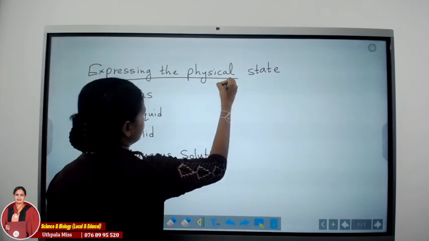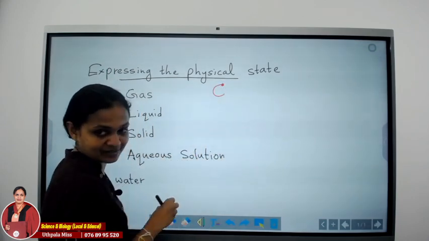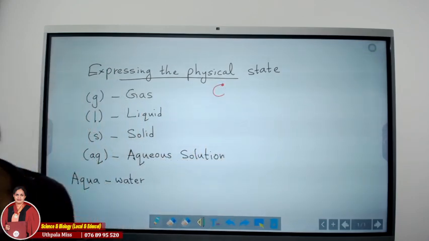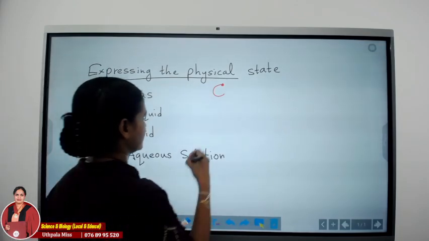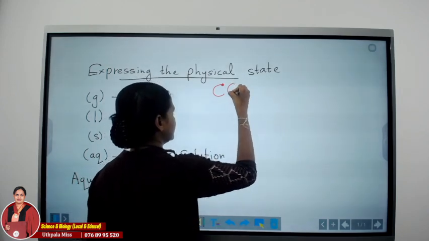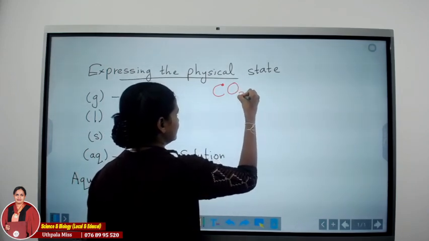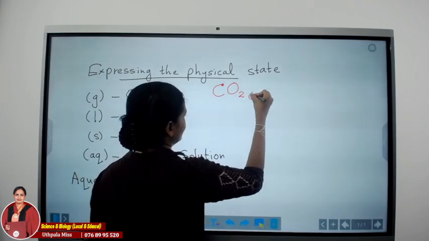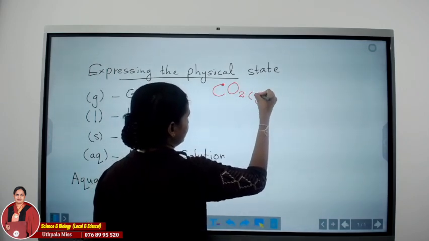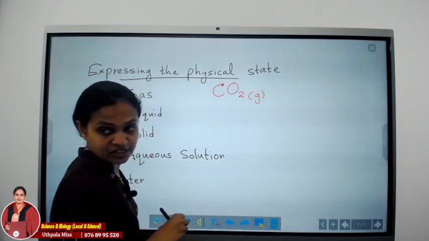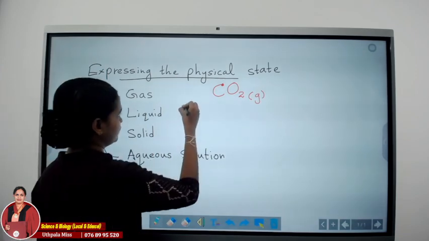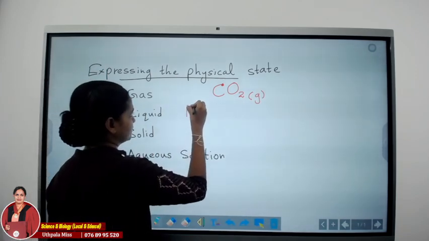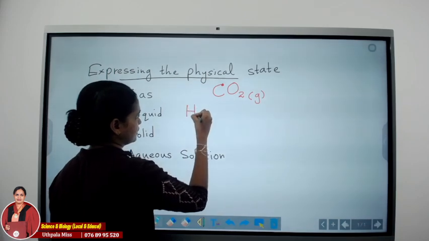So what is carbon dioxide? Do you know the chemical formula of carbon dioxide? Carbon plus oxygen. We express it as CO2. So within brackets, here we will mention it as a gas, simple G is mentioned. Then water, what is the formula?